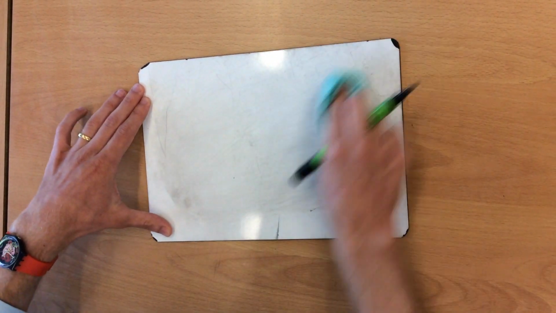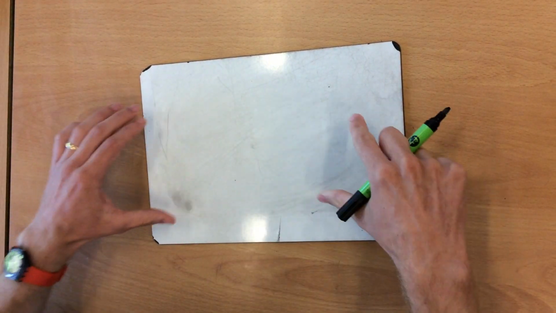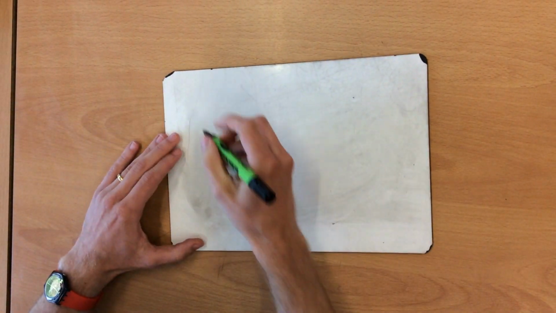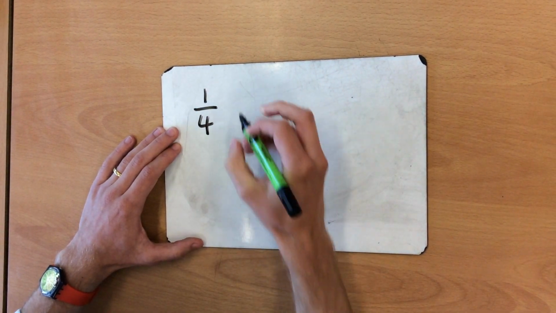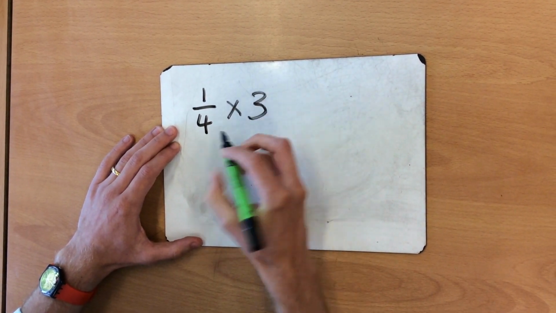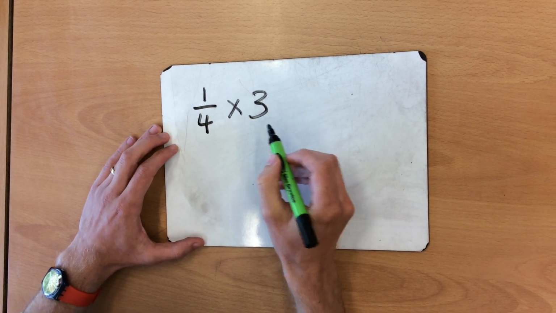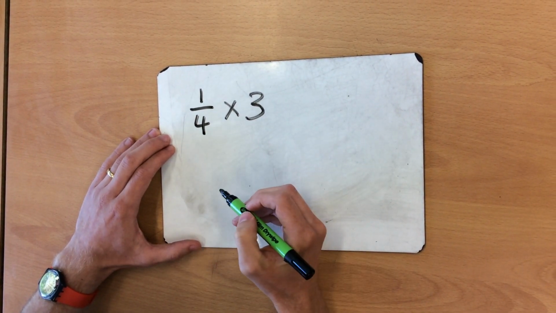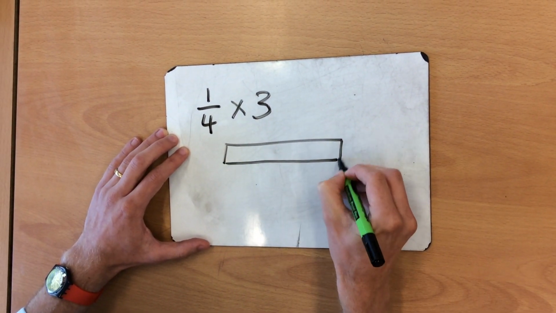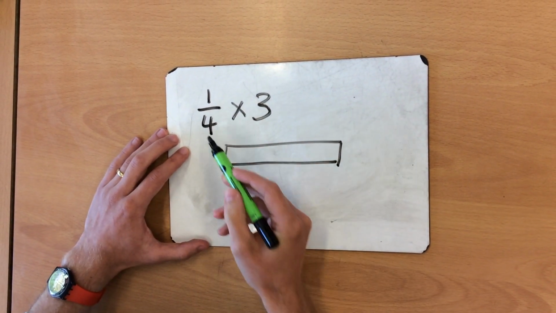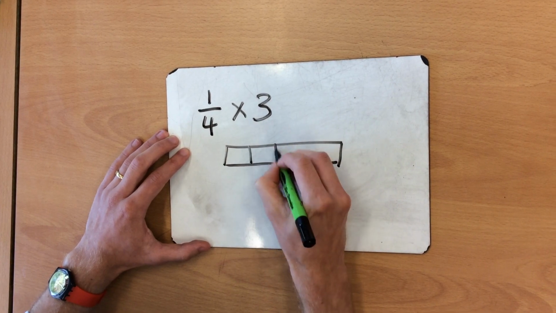The next method I'm going to show you is again using the bar model like we did before, but a more condensed version. So this time my unit fraction is going to be 1/4 and my integer is going to be 3. 1/4 multiplied by 3, or 3 lots of 1/4. I'm going to draw a bar again because we're using fractions. This time 4 is my denominator, 4 parts make the whole.